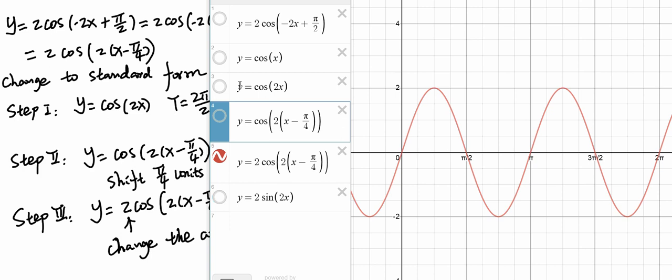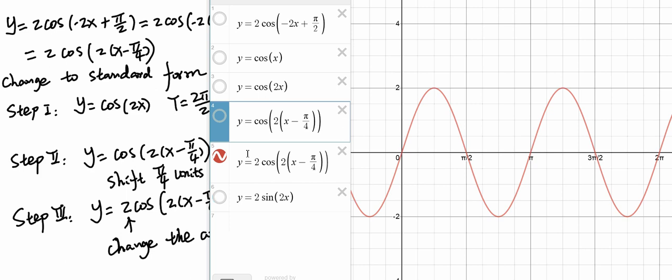Okay, so that's why we know that we need to change this form to the standard form, and we get the graph in 3 steps. Again, we go from cosine x to cosine 2x, shift pi over 4 units to the right, and then we do the amplitude.